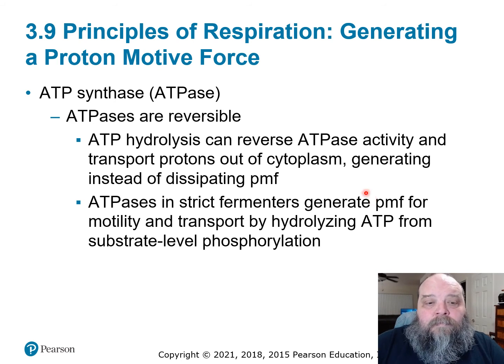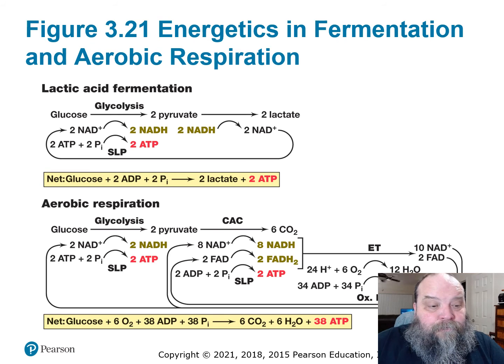Well, if they're in a fermenting state, it means they're going to have very little ATP, and they're not going to have the electrons to set up a proton motive force to make more ATP, so they've got to use what they got. They got ATP, so reverse it, start swimming somewhere else where hopefully there's oxygen or whatever it is they need so they can get out of fermentation.